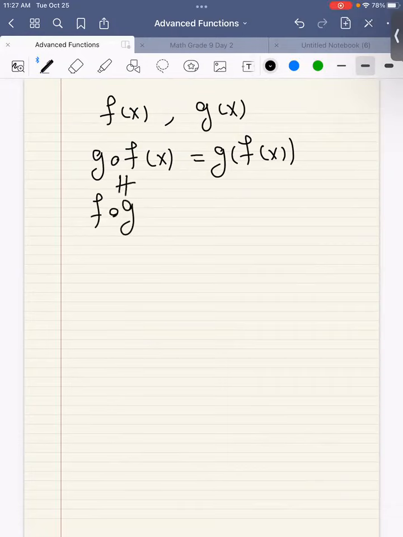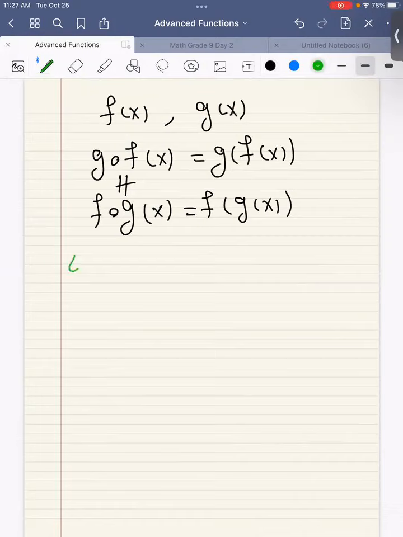These are two different functions, because for the first one, you first act with f and then with g. But for the second one, you first take g and then you take f. So f o g of x is by definition f of g of x. So these two are not equal to each other in general.